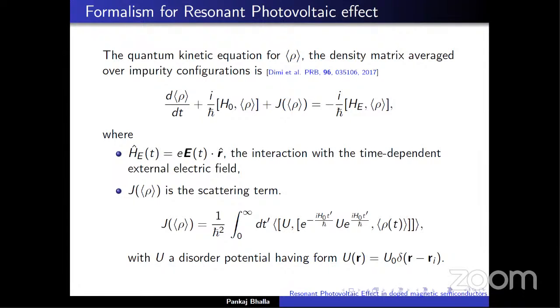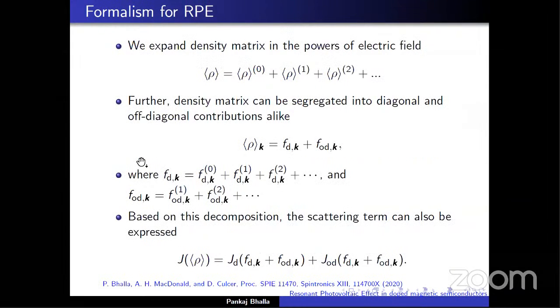Now, this is a quantum level equation for the density matrix. Because we are interested in second order effects, we can write this density matrix in powers of the electric field, with subscripts 0, 1, 2. 0 corresponds to the equilibrium part, 1 corresponds to the part proportional to the first power of the field, 2 means proportional to the second power of the field, and so on.